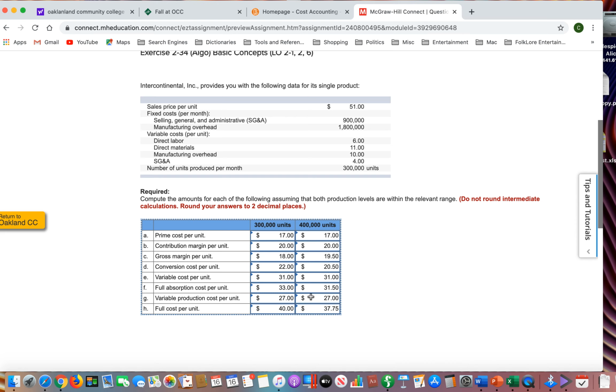So it is the $9 here. In fact, if you add the 900,000 plus the 1.8 million, that's 2.7 million divided by 300,000 gives you $9. Add these two together and divide by 300,000, you get $9 per unit, plus the 6 plus the 11, 10, and 4 gives you $40. That's full cost.